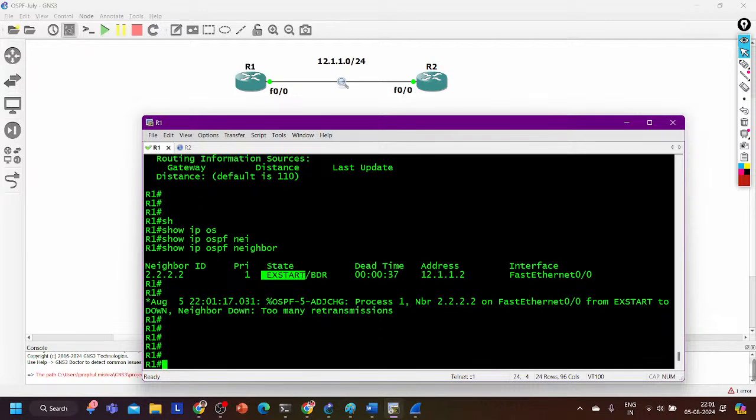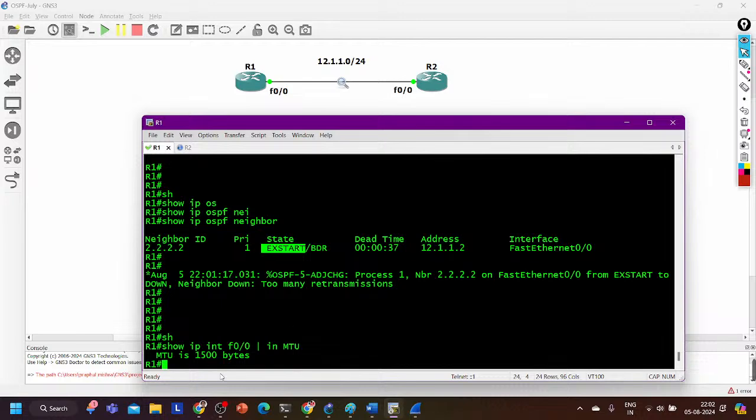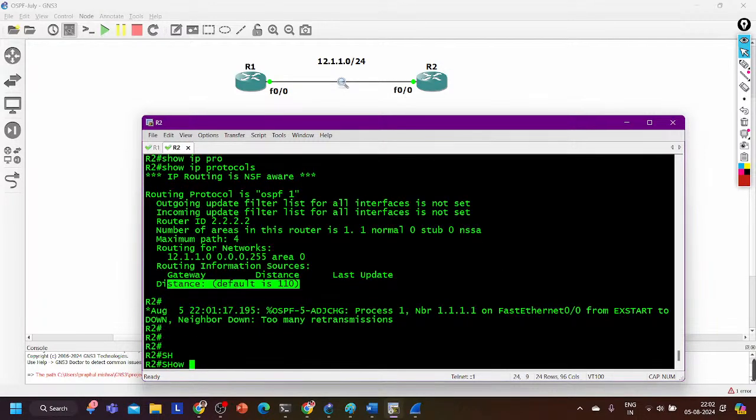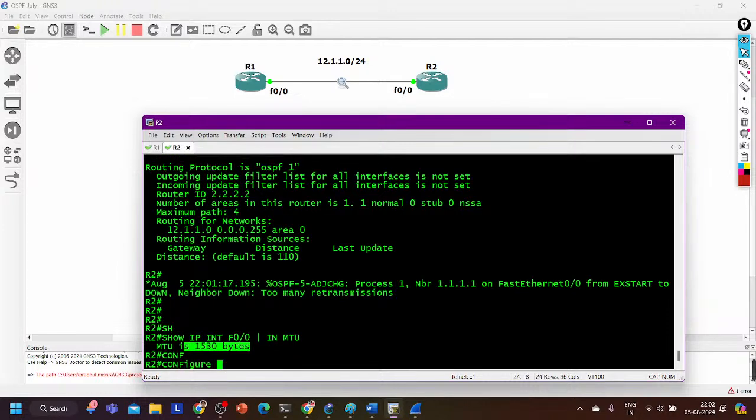And to verify the MTU, simply I can run command show IP interface F0/0 and let me say include MTU. MTU over here is 1500 byte, and on router number 2, show IP interface F0/0 include MTU. MTU over here is 1530 byte. So this is the issue.